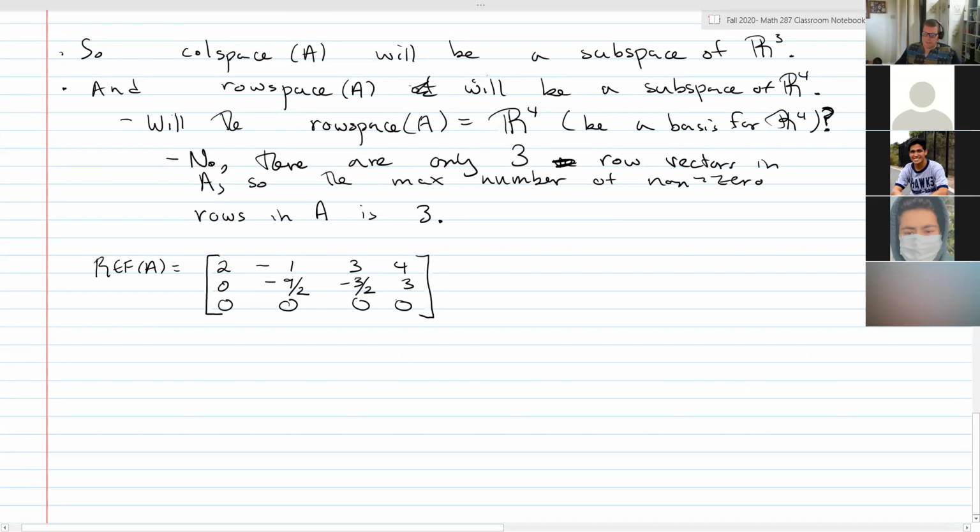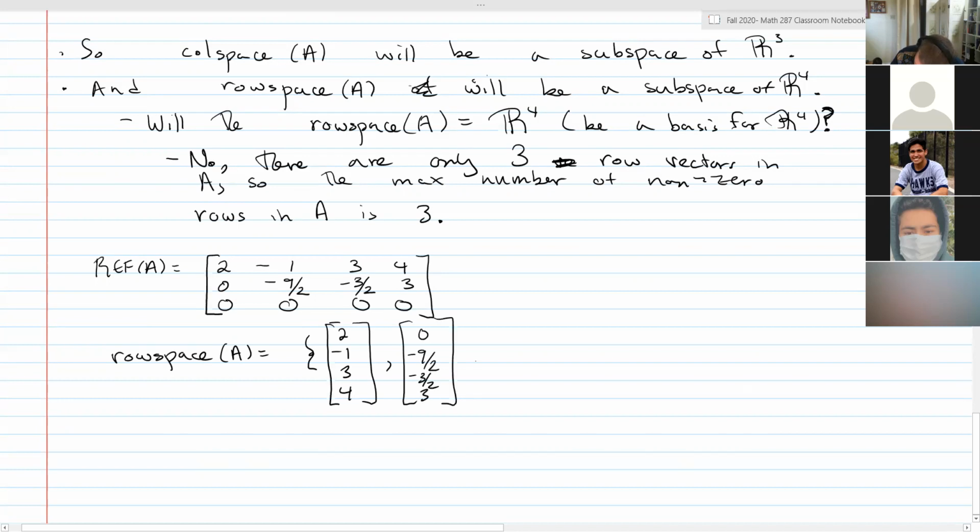If I wanted to do, for example, the row space of A, that's the set of non-zero rows in REF of A. So it'll end up being (2, -1, 3, 4) and (0, -9/2, -3/2, 3).